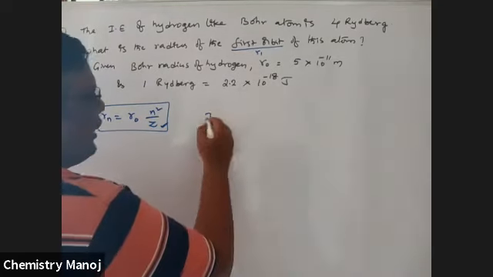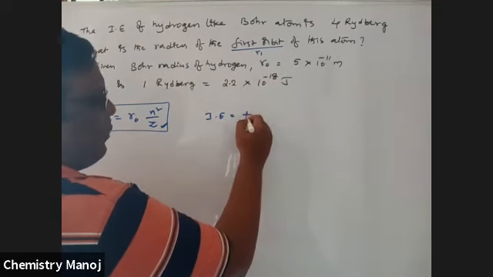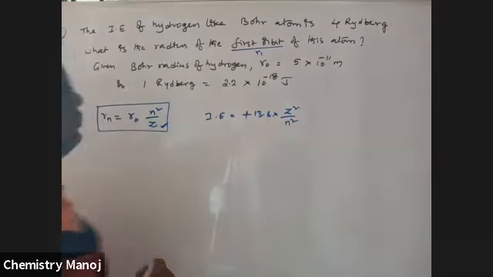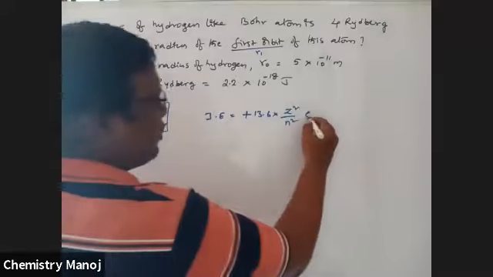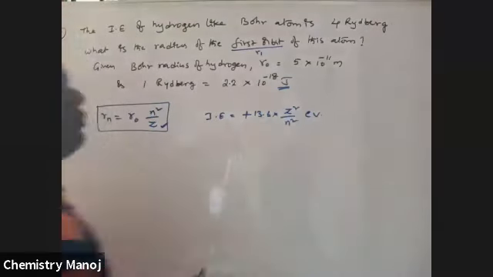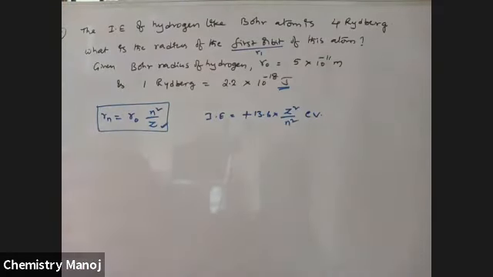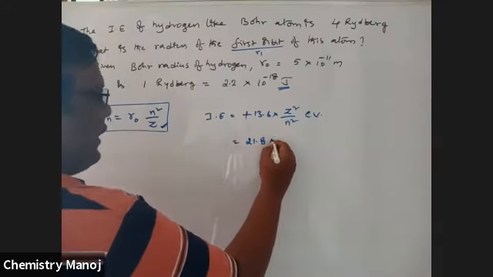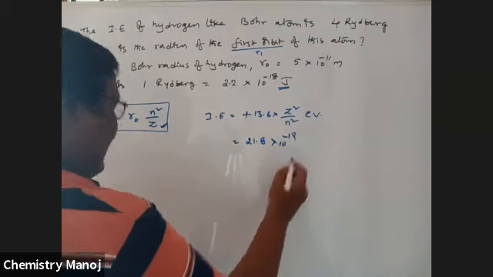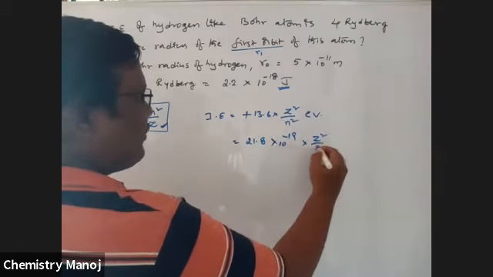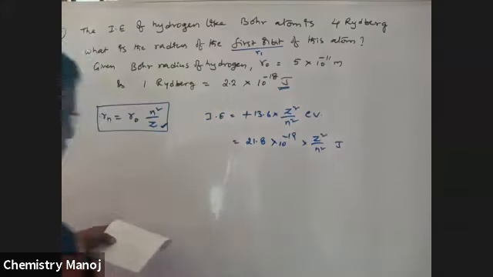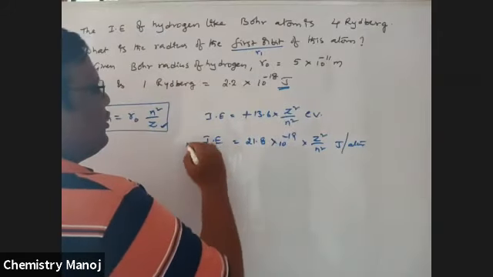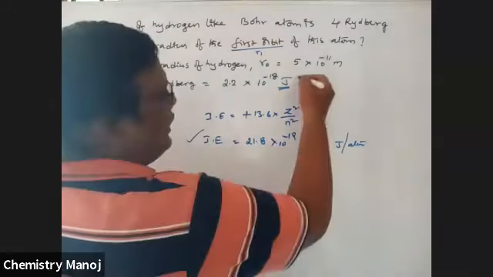We know ionization energy is equal to 13.6 into z square by n square in electron volts. But here it is in joules. In joules, the value is 21.8 into 10 power minus 19 into z square by n square joules per atom. Use this formula because it is in joules.